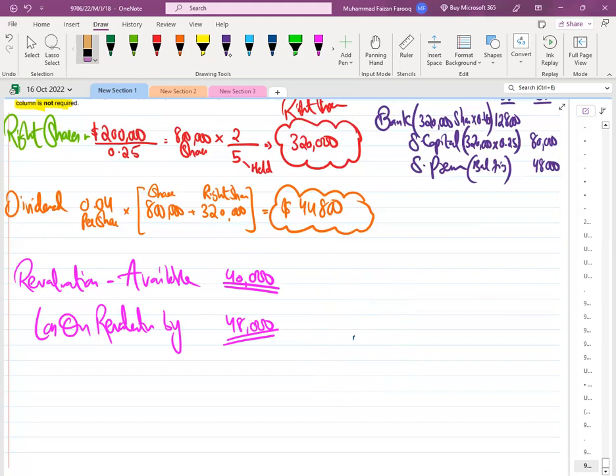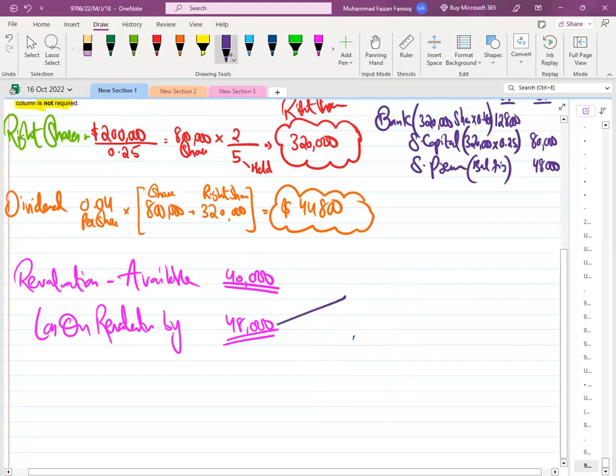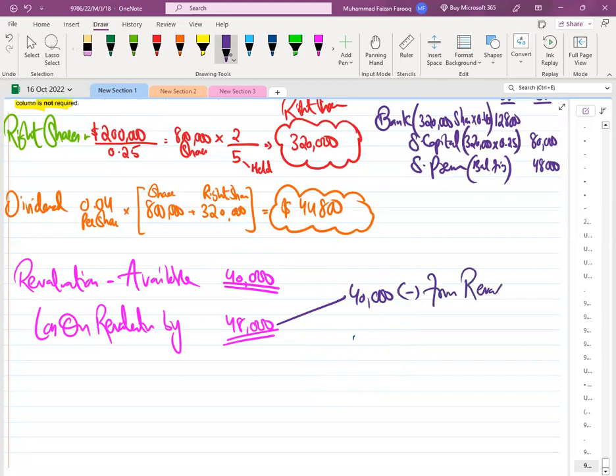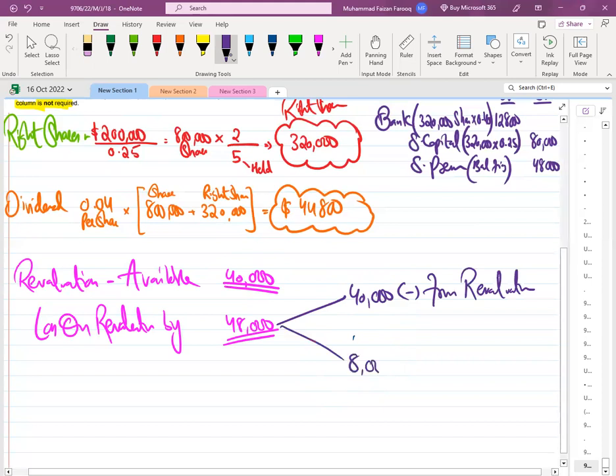This 48 now, 8,000. Get it from somewhere. 40 from revaluation. How much left? 8,000. From where? Retained earning? Yes, your guess is correct.